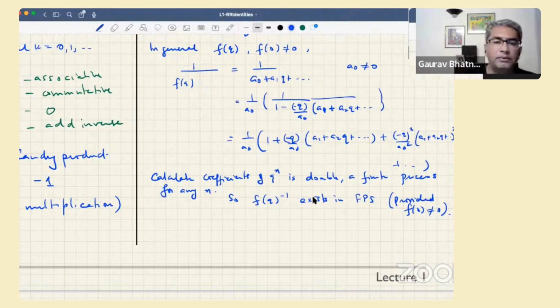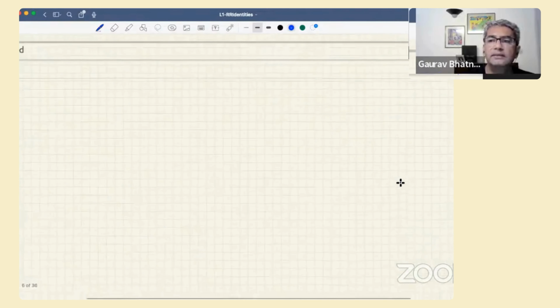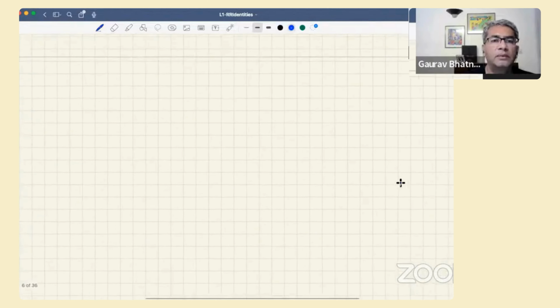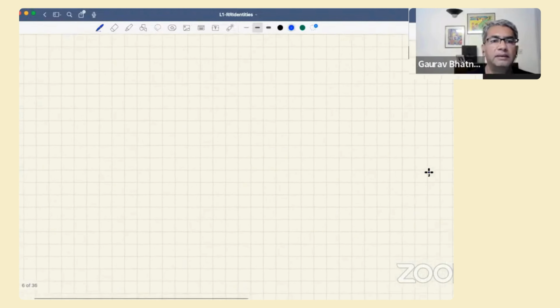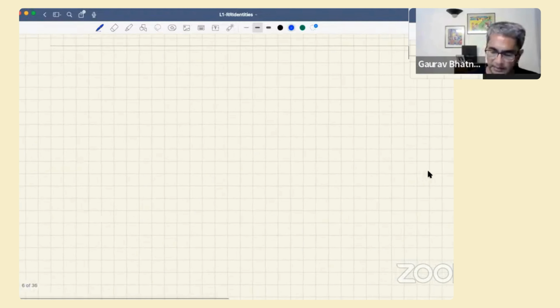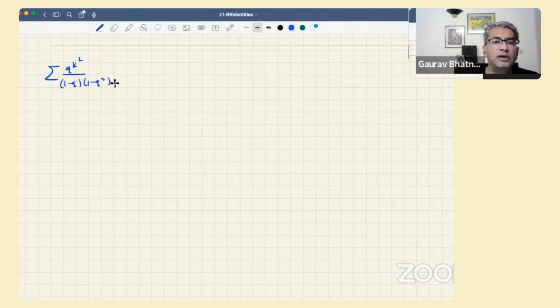Coming back to the Rogers-Ramanujan identities, we had q raised to k squared over 1 minus q squared up till 1 minus q raised to k.